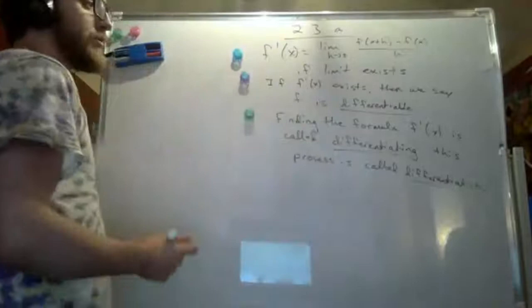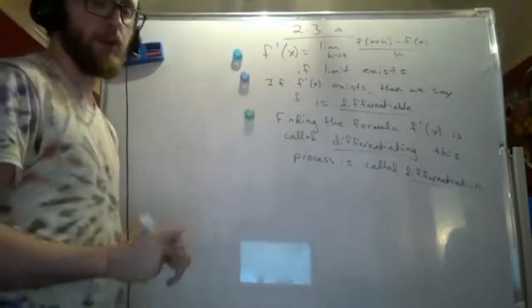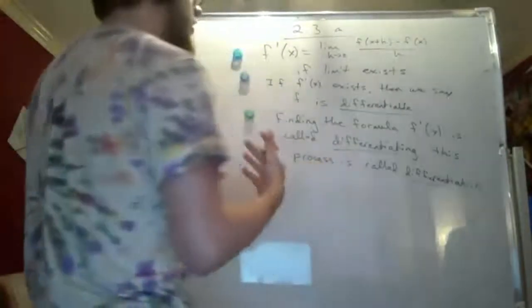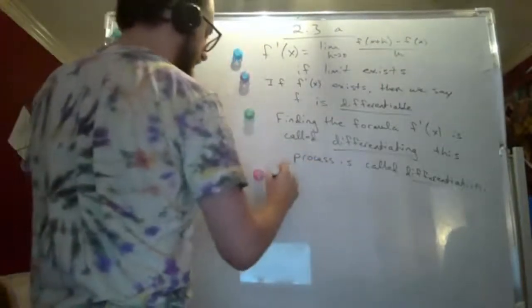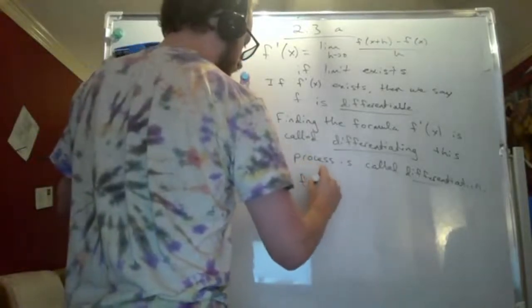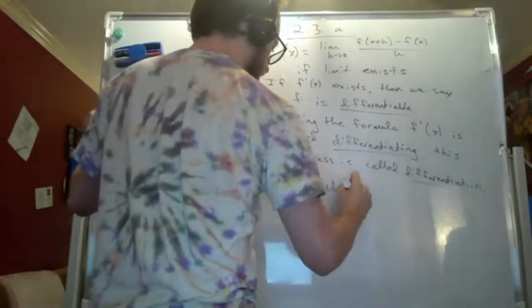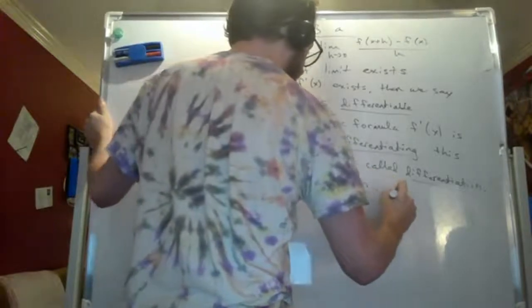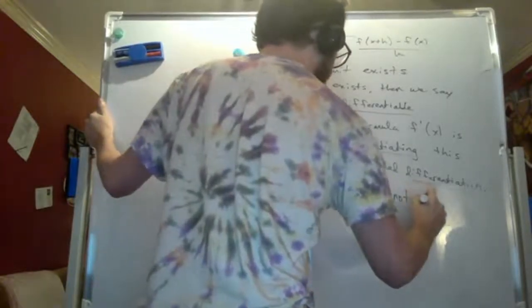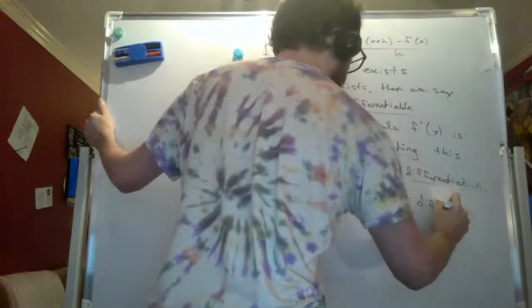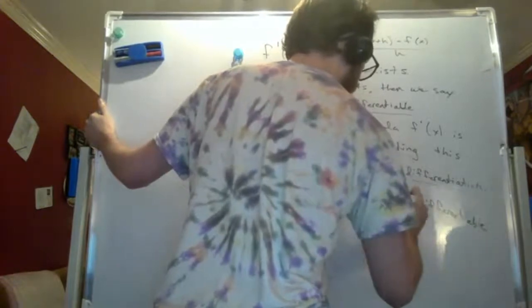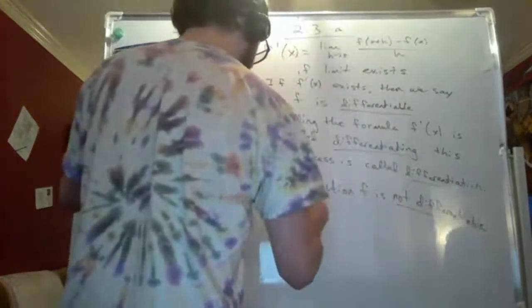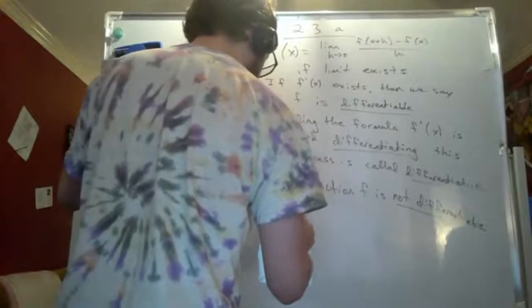So we've talked about what it means to be differentiable, what it means to find the derivative, but let's discuss when something is not differentiable. A function f is not differentiable if any of the following happen.